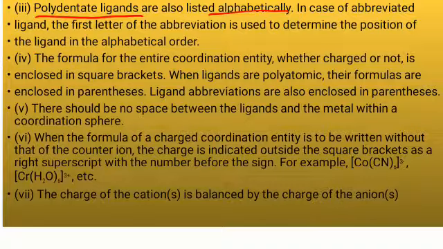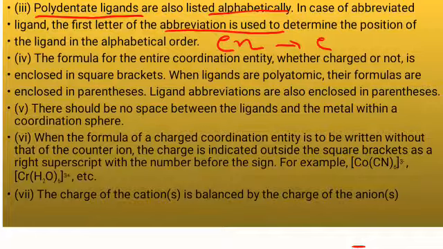In case of an abbreviated ligand, the first letter of the abbreviation is used to determine the position of the ligand in alphabetical order, such as E for en. The formula of the entire coordination entity, whether charged or not, is enclosed in square brackets.